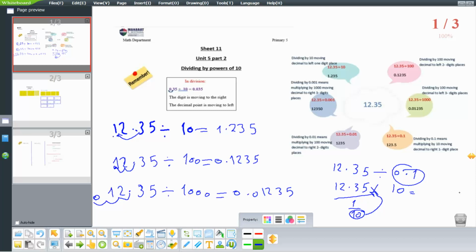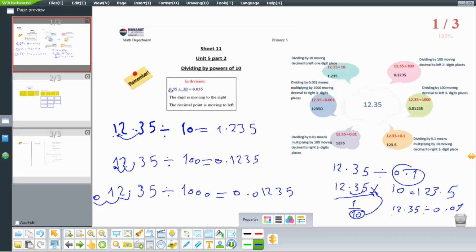In multiplication, we know that we move the decimal point to the right. So it will be 123.5. And if I have 12.35 divided by 0.01, it will be multiplied by what?